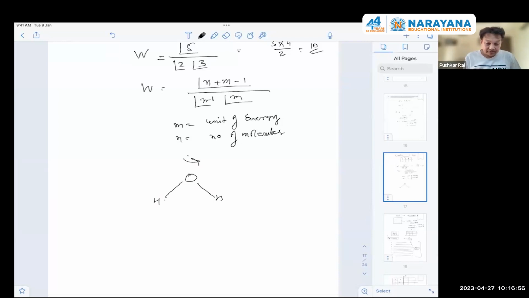It can rotate. So these two hydrogens can exchange their positions at 0 Kelvin. That corresponds to two configurations. So even in ice, there is some residual entropy. So even the crystal of ice is not perfect even at 0 Kelvin.